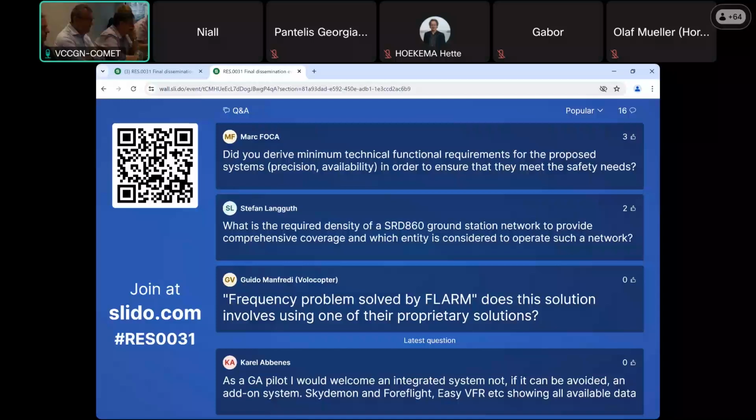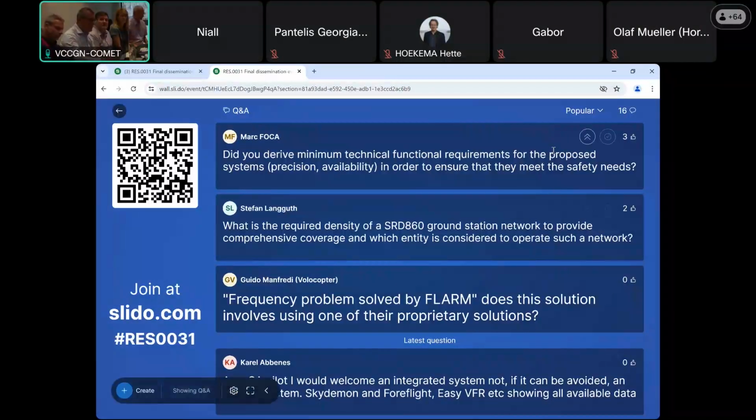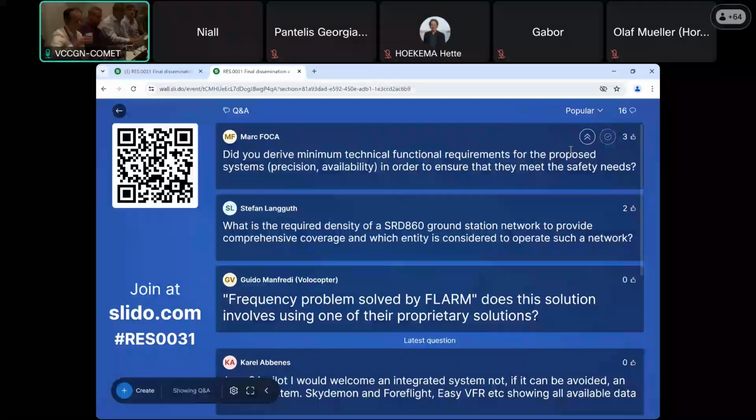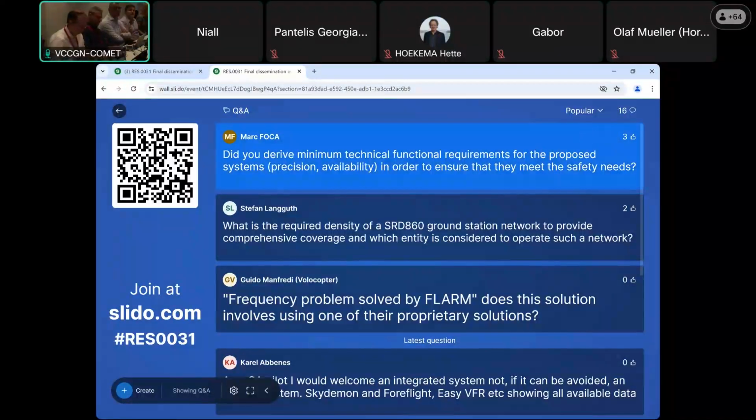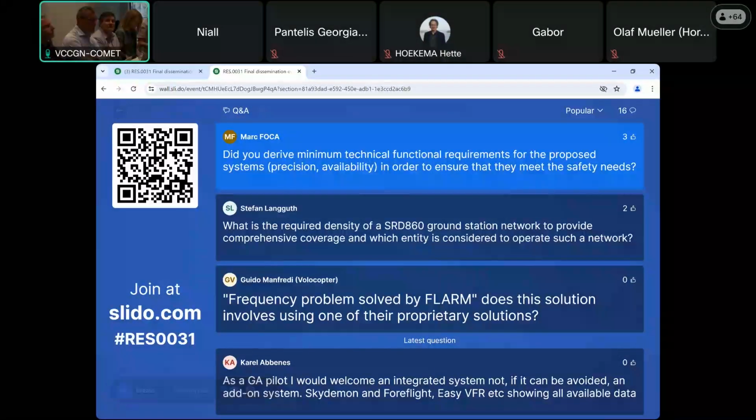Did you derive minimum technical functional requirements for the proposed systems, precision, availability, in order to ensure that they meet the safety needs? Not necessarily to full extent, as we know in standards. Again, there is a lot of interest in this information to be made available, and I think this will be made available as soon as we start getting the real information from real environments, real implementations.